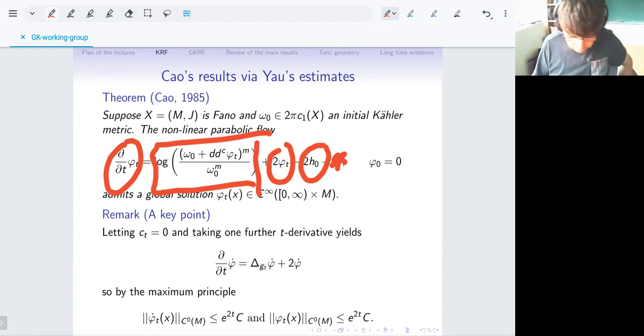So this was a big event in 85. This result of Cao, which in particular shows global existence of the normalized Ricci flow on a Fano manifold.